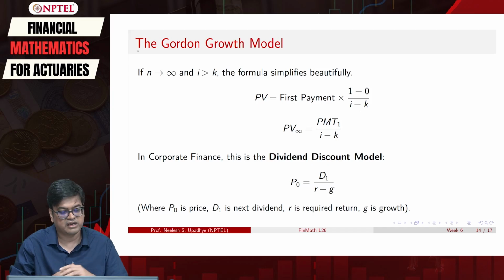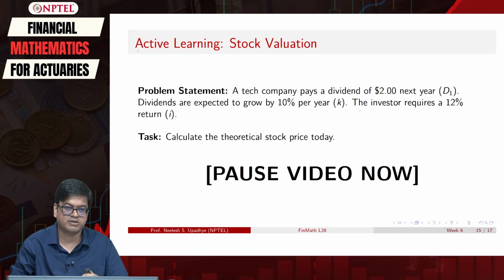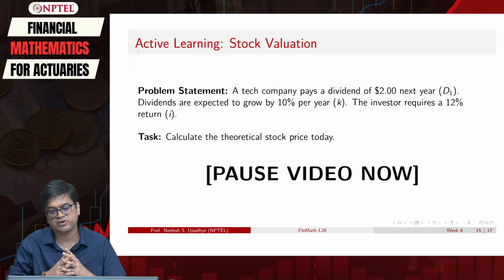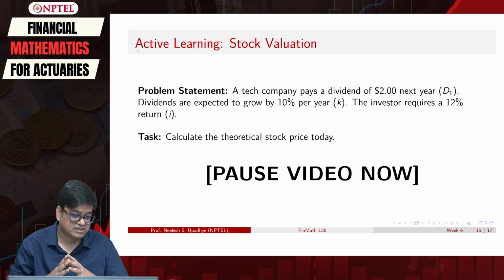Now that we have learnt all these things, let us do one stock valuation problem as active learning. A tech company is paying a dividend of $2 next year, which is given as D1. Dividends are expected to grow by 10% per year.